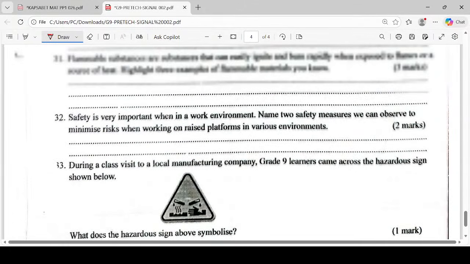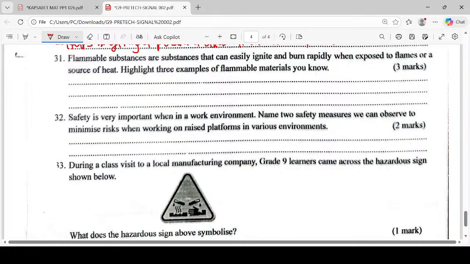Question number 31. Flammable substances are substances that can easily ignite and burn rapidly when exposed to flames or a source of heat. Highlight 3 examples of flammable materials you know. Examples of flammable materials. We have things like natural gas. We can also have things like kerosene.